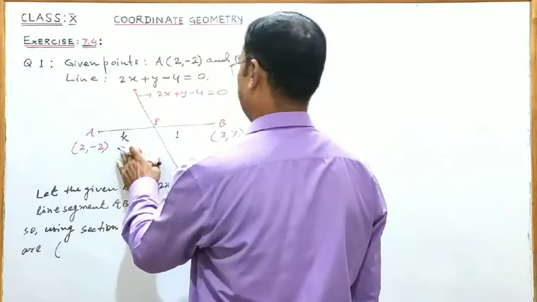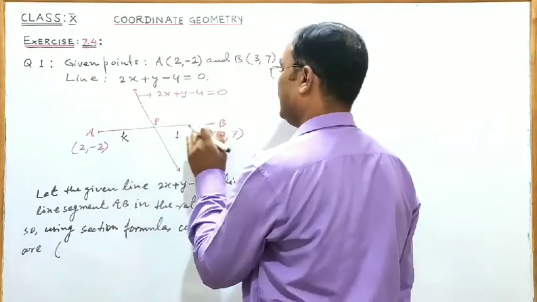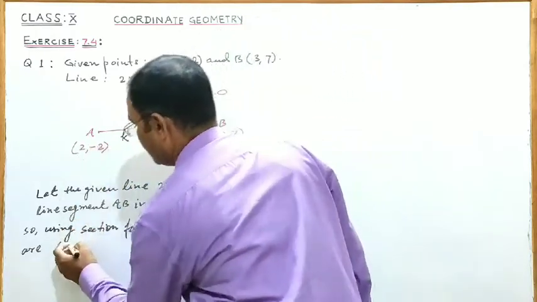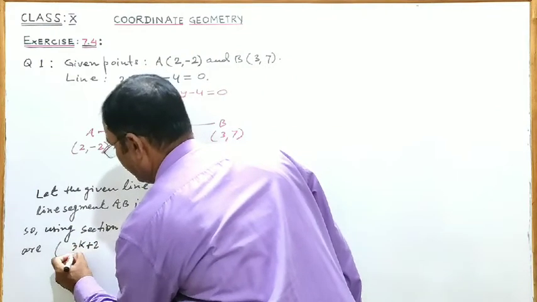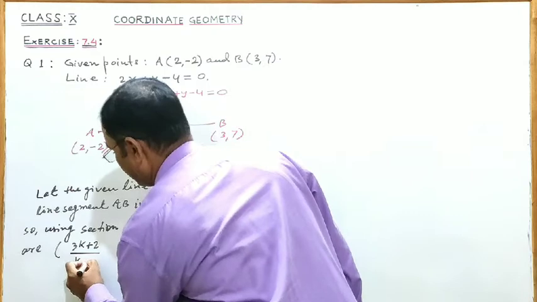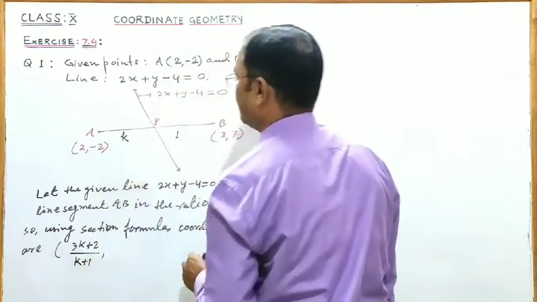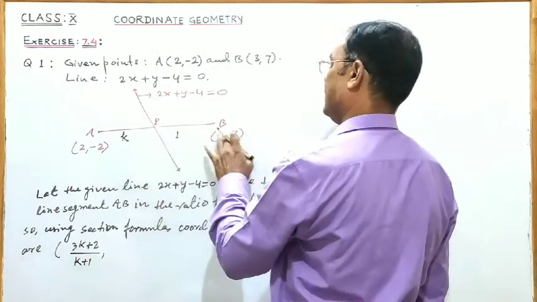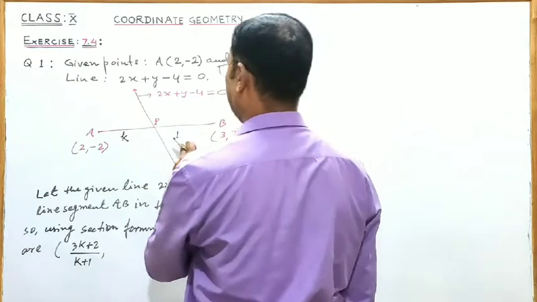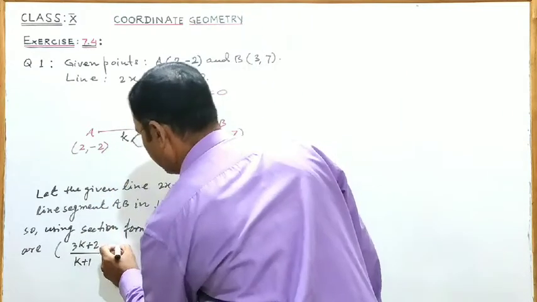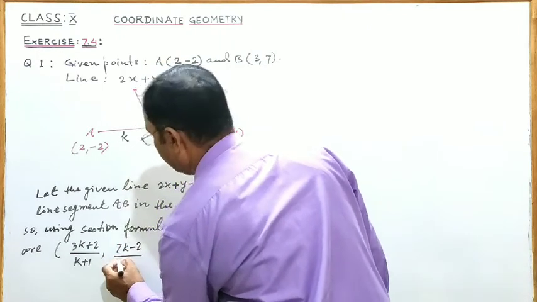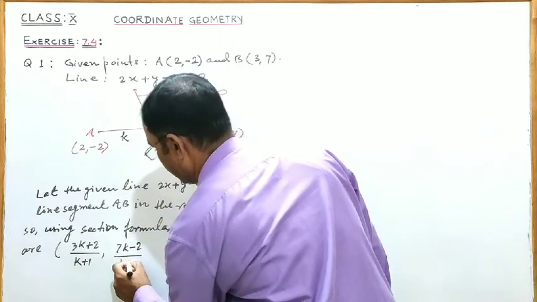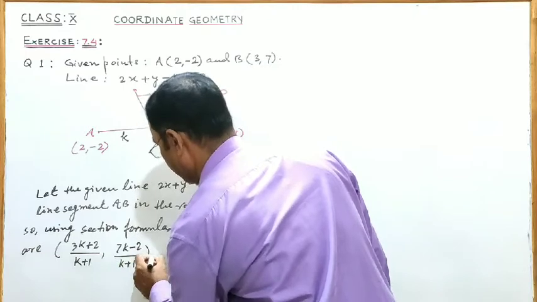So, k into 3 plus 1 into 2, so, (3k plus 2) by (k plus 1), and k into 7 plus 1 into minus 2, so, (7k minus 2) by (k plus 1).